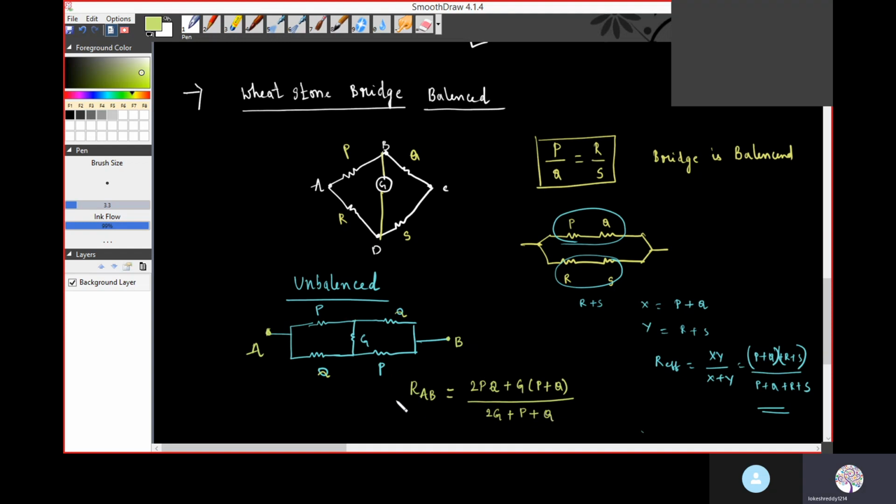So this is the formula which we use to calculate the unbalanced Wheatstone bridge.